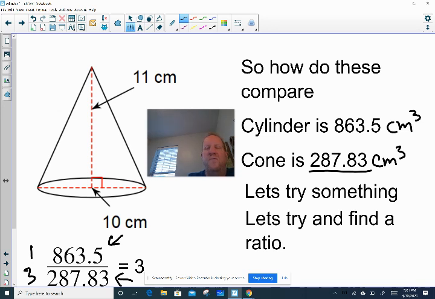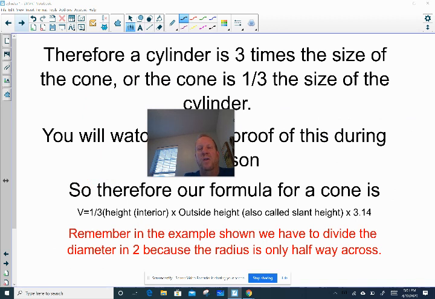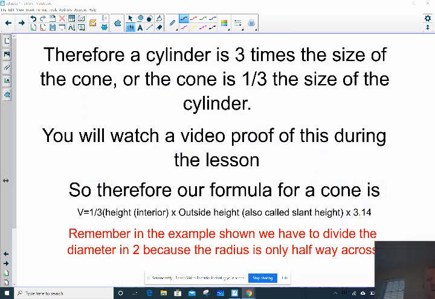Maybe that makes sense. If not, guess what? You're going to see a video later on to confirm it. So let's go back. Here we go. A cylinder is 3 times the size of the cone, or the cone is 1/3 the size of the cylinder. Like I said, you're going to watch a video proof of this during the lesson.